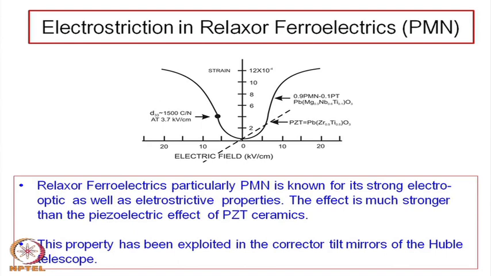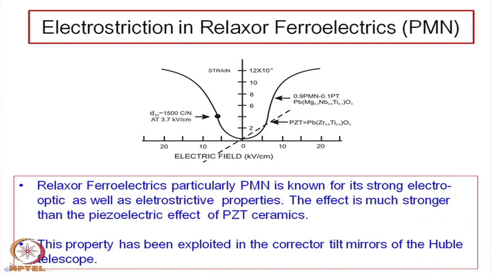So, this is another very interesting property, particularly for PMN, and this is one of the reasons why this property has been exploited in the corrector tilt mirrors of the Hubble telescope.